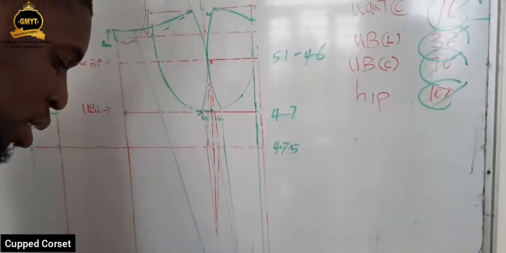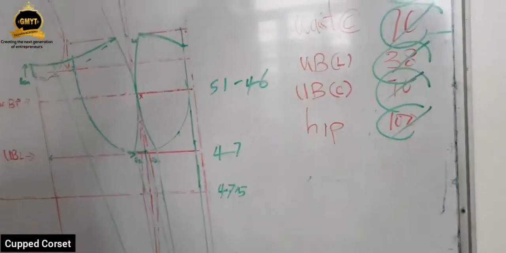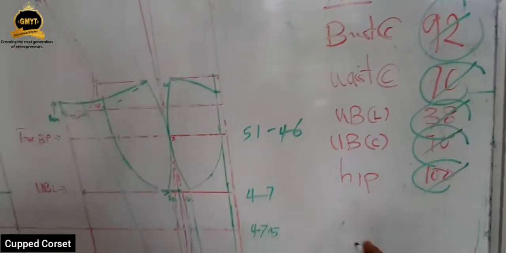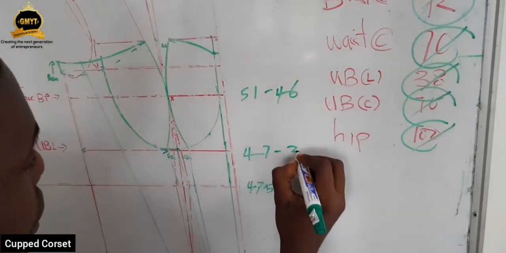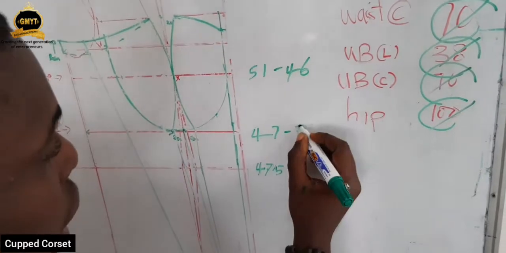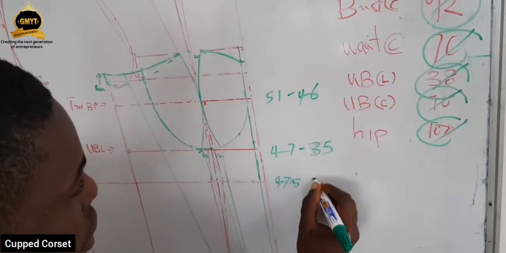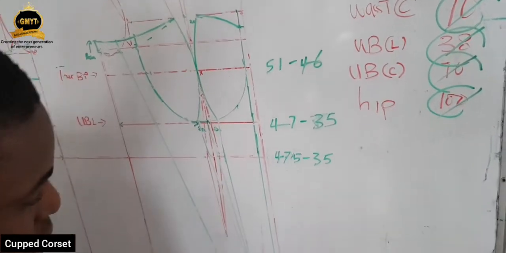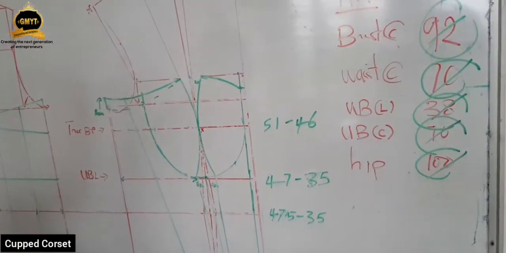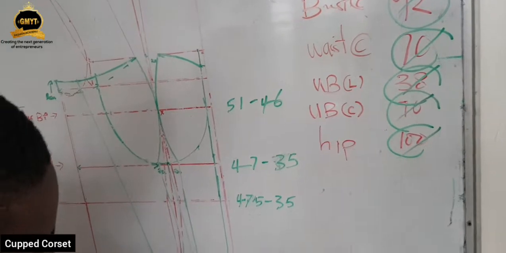The waist, that's 70 divided by 2, that's 35. Yeah, 35 for the under bust as well. And then the hip, 100, so that's 50.